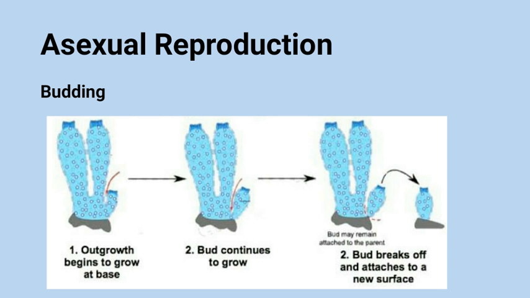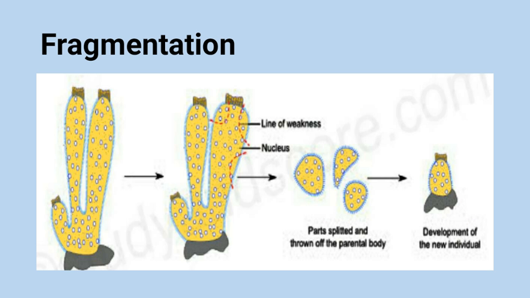Asexual reproduction occurs by means of budding. As you can see in the picture, a small bud arises at the base of the sponges. It grows, and when it attains a certain size, then it detaches itself and attaches on a new substratum. So that's how it reproduces. Asexual reproduction also occurs by means of fragmentation.